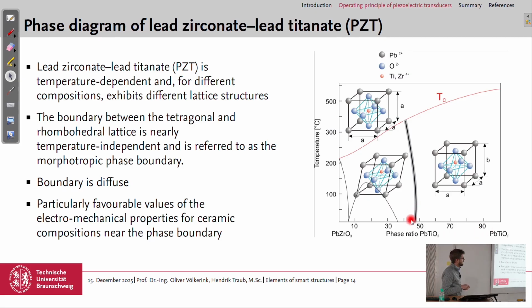And at this boundary, the electromechanical properties of the ceramic are the highest. So we want to have a composition near this boundary. And then it depends if we are below this boundary or above. When we cool it down from the cubic lattice, we get the rhombohedral or the tetragonal lattice.